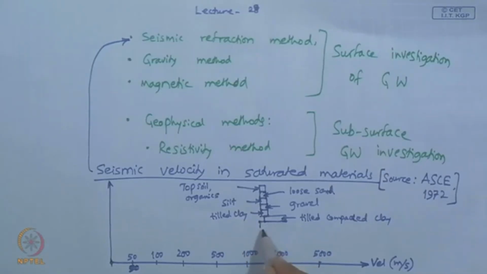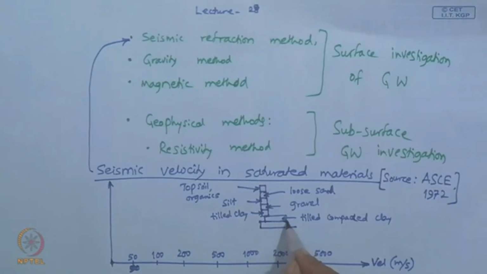It will have the lower range of velocity in the same range, and it will have a higher range, which is even higher than that for tilled compacted clay.